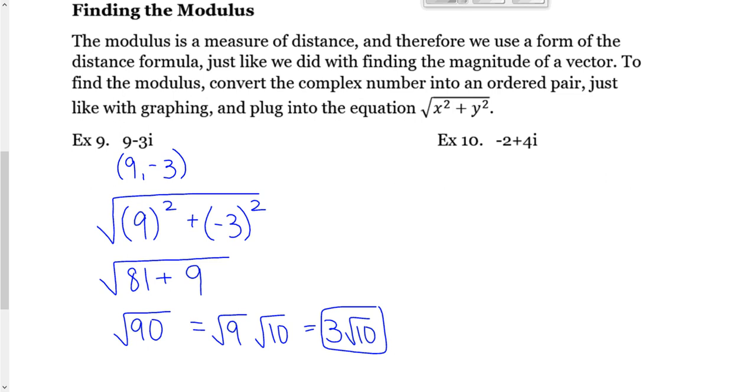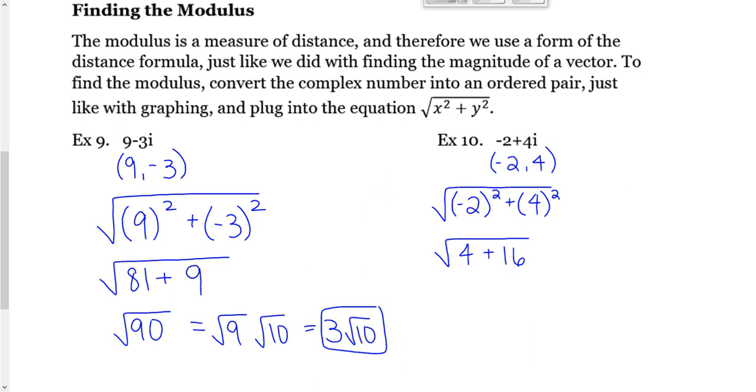Example 10, do the exact same thing. Negative 2 comma 4. Negative 2 squared plus 4 squared. Negative 2 squared is 4. 4 squared is 16. I've got the square root of 20.